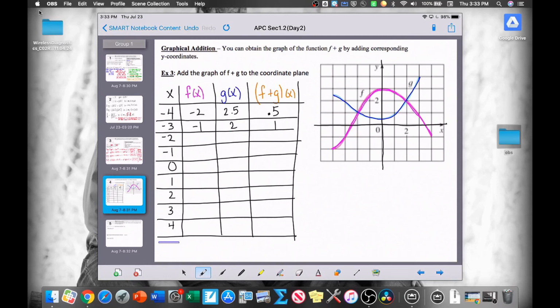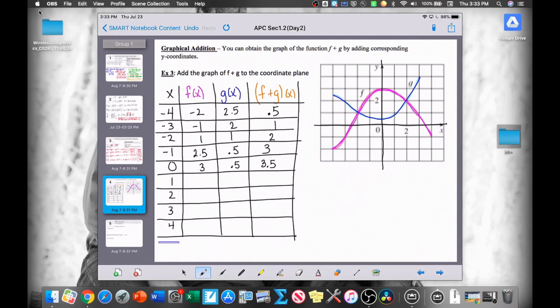So you can kind of see what I'm doing here, I hope. For the sake of time, I'm going to go ahead and fill in this table quickly. When x is -2, f of x is 1, g of x is 1, and f plus g is 2. When x is -1, f of x is 2.5, g of x is 0.5, and f plus g will be 3. When x is 0, f of x is 3, g of x is 0.5, and f plus g is 3.5.